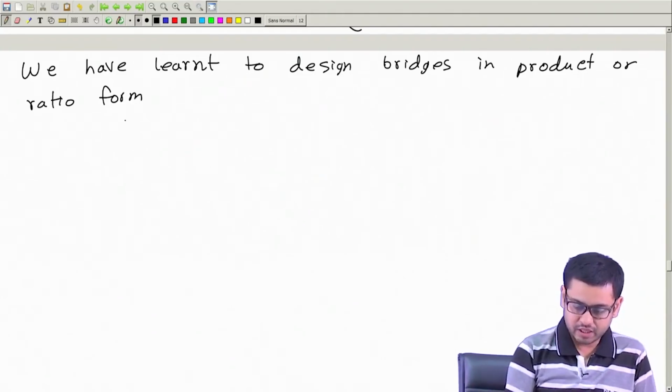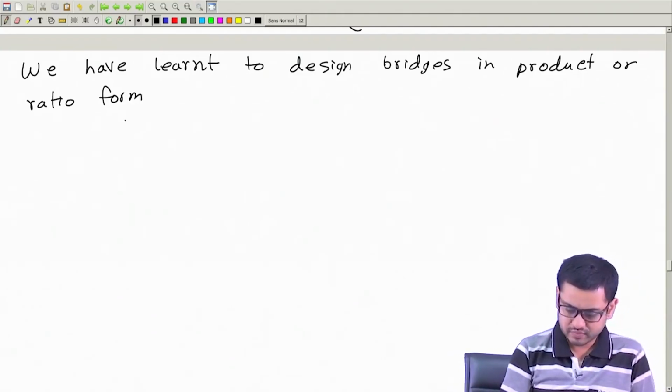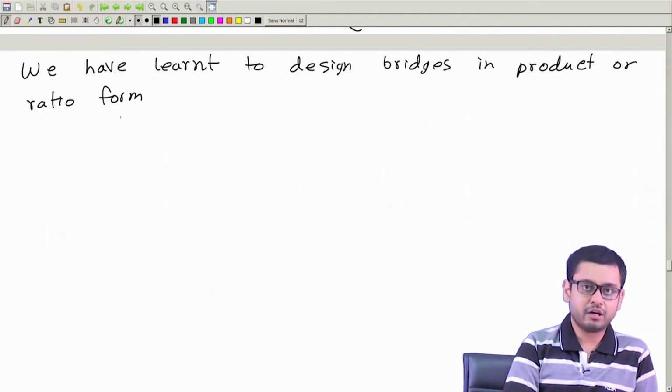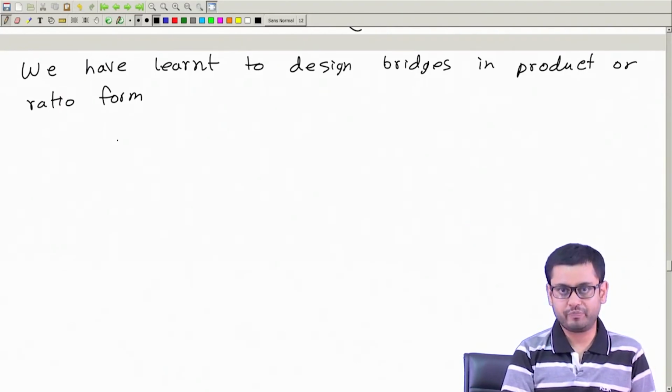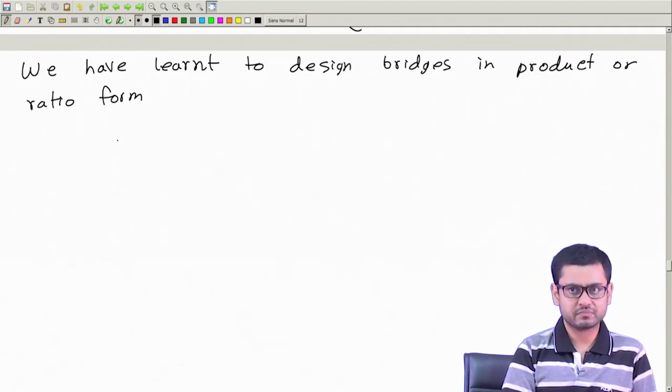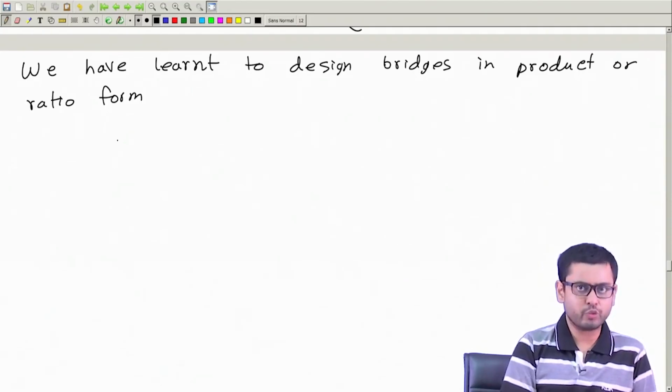Okay. Now, there are bridges also which are not in product or ratio form, neither in product form nor in ratio form. They have special reasons why they are in that form.